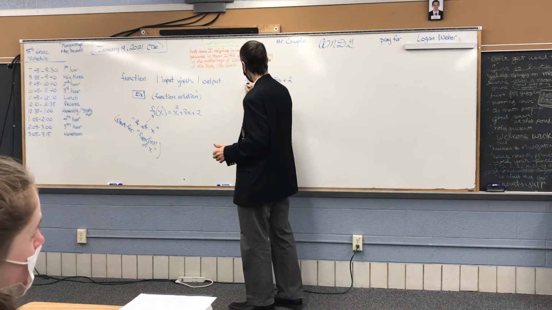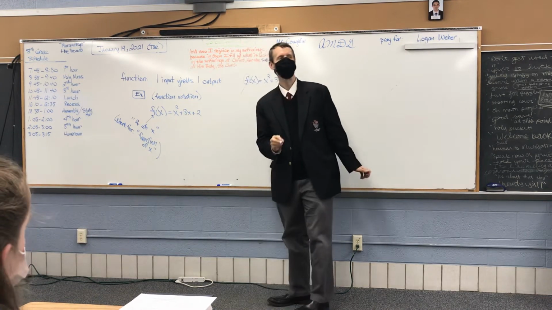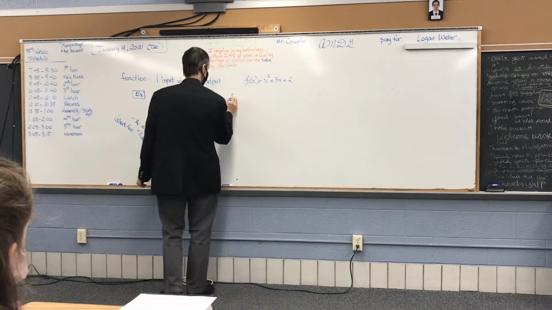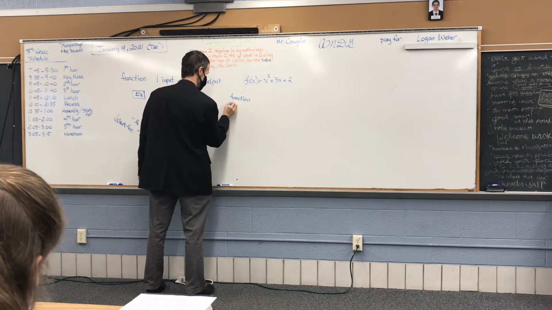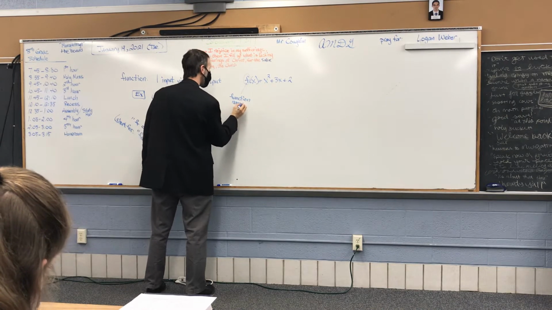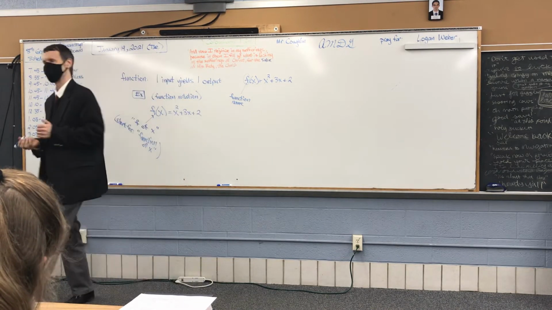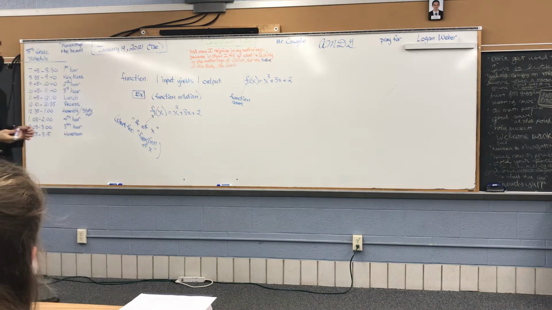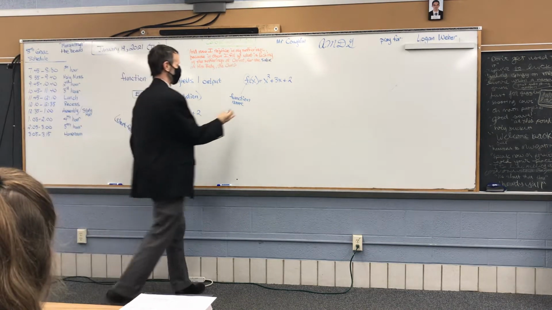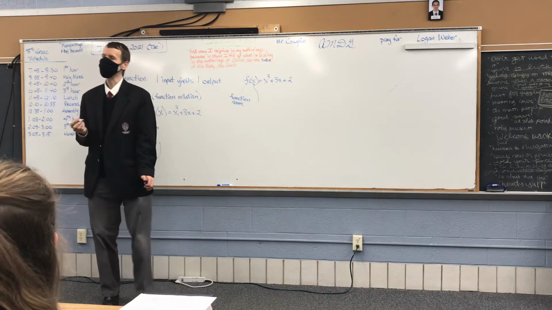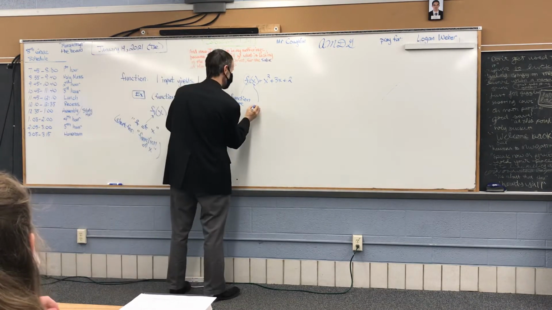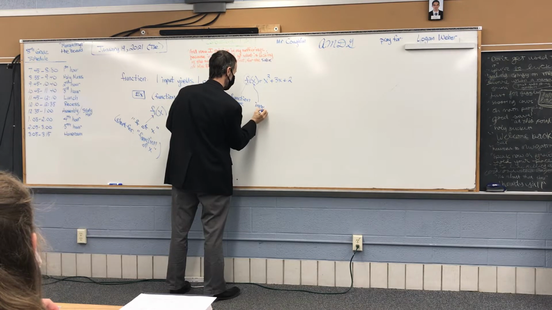This letter right here, the f, is the function name. In this case, the function name is f. This is function f. This inside the parentheses is the input variable.